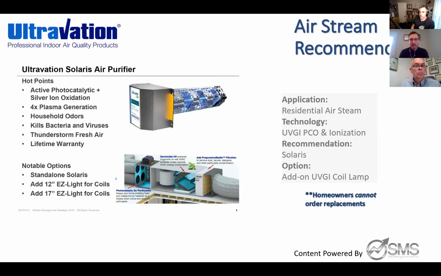Then it has the option to plug a UVC lamp into it that you put over the coils. So you can treat the Airstream, and then just plug in a UVC lamp and mount it over your coils. You get the surface treatment and the Airstream treatment in one product.